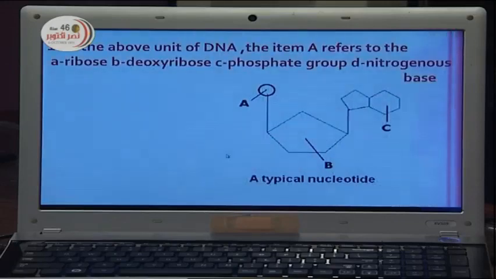First question, in the above unit of DNA, it's the item A refer to ribose ولا deoxyribose ولا phosphate group ولا nitrogenous base. A here طبعا هيكون phosphate group.